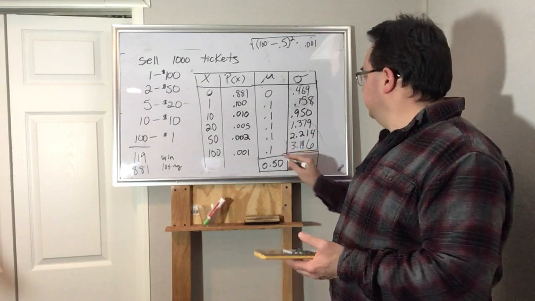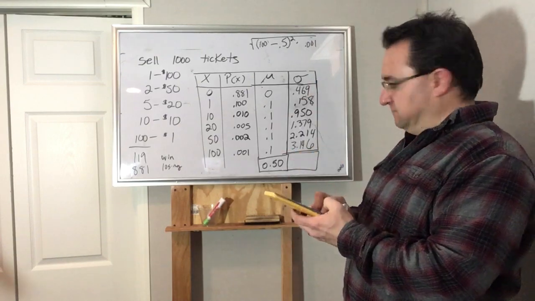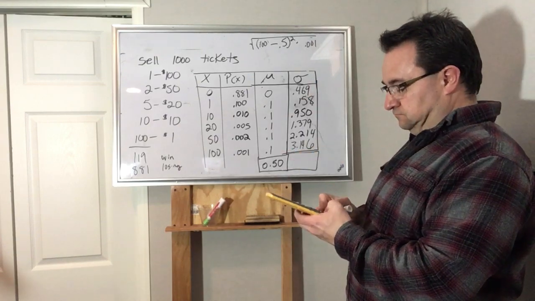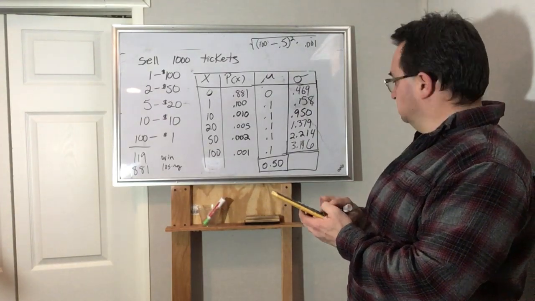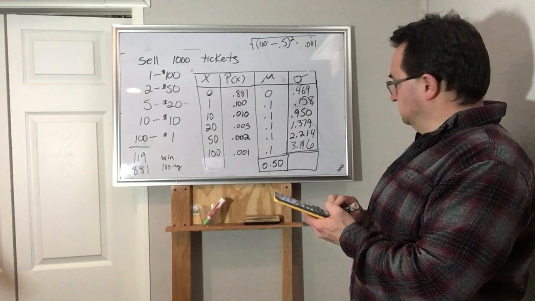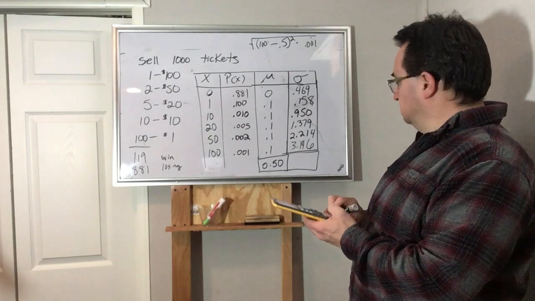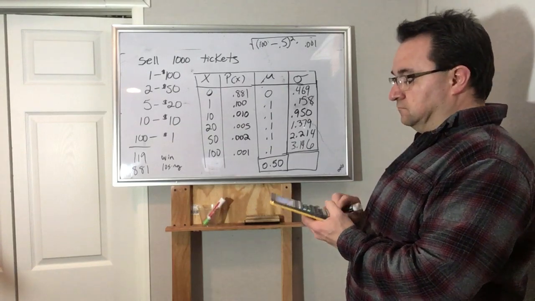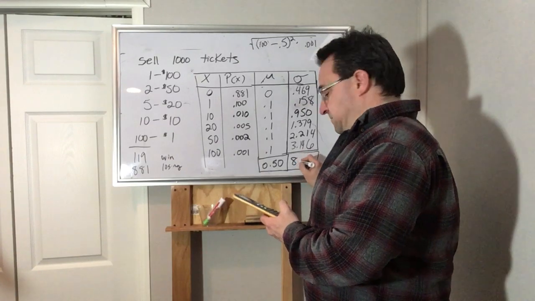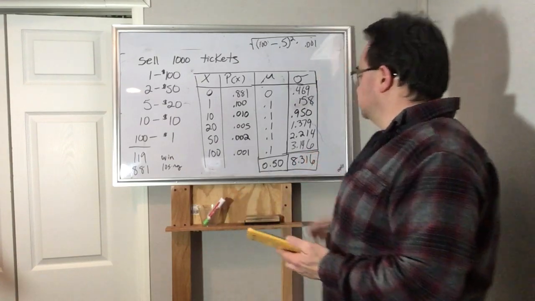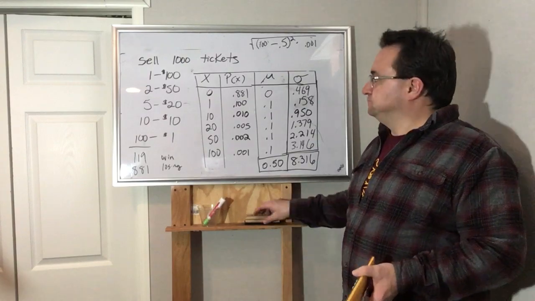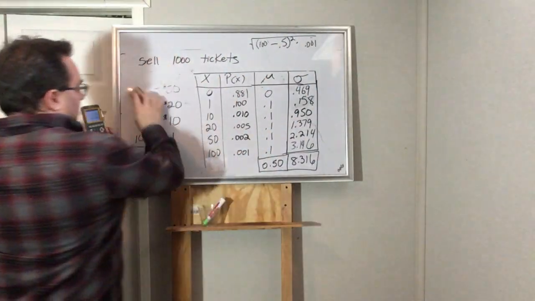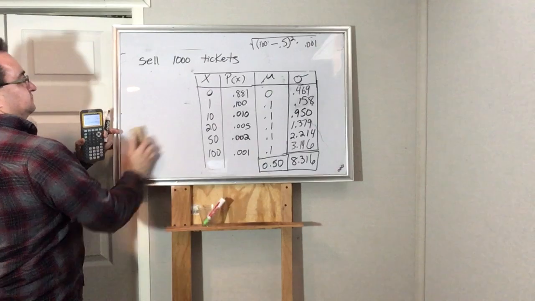So my standard deviation is the sum of all these numbers. I'm getting 8.316. So I've done everything but my histogram. We'll knock that out. I have to get rid of this to make room.